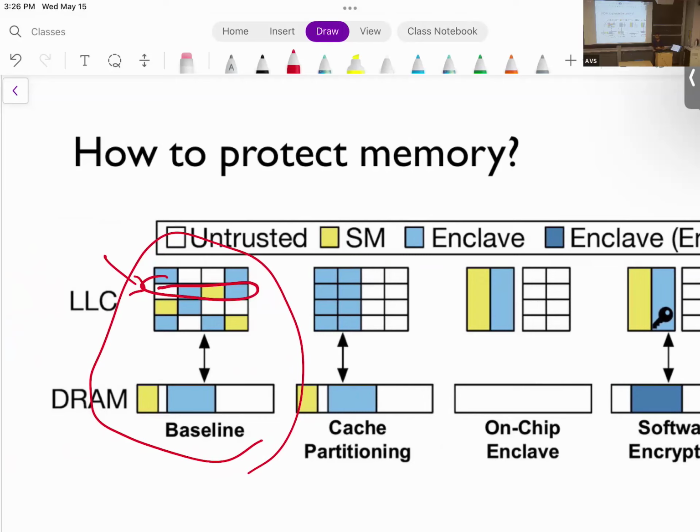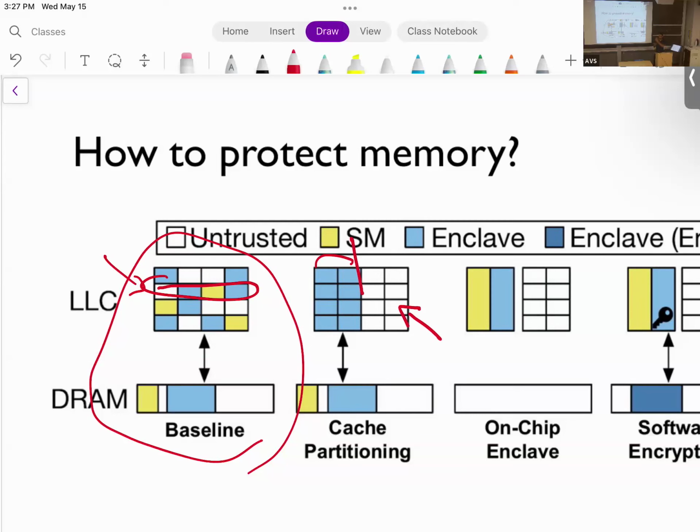And of course, this will result in various cache side channel attacks. If you remember, if I have a trusted, secure application, a non-secure application can read data off of the cache. So cache partitioning essentially says that what we should do is way partitioning, for example, saying that enclaves only have access to way 0 and way 1, and untrusted applications have access to way 1, way 2, and way 3, for example, for a 4-way set associative cache.